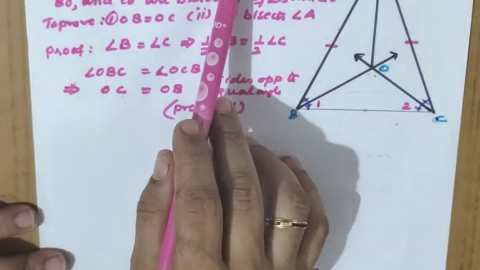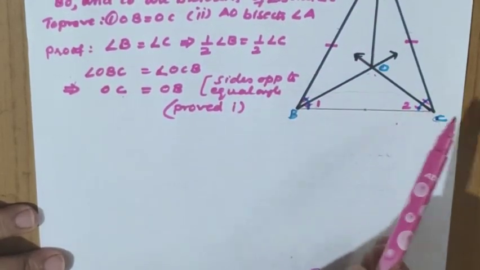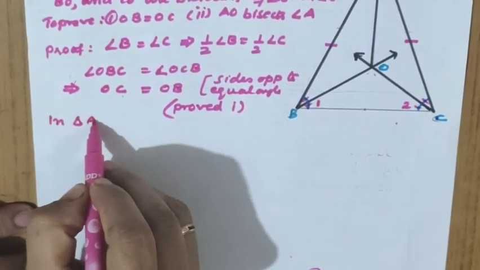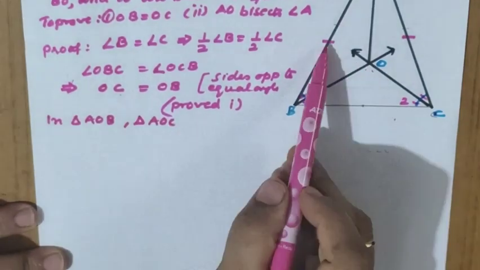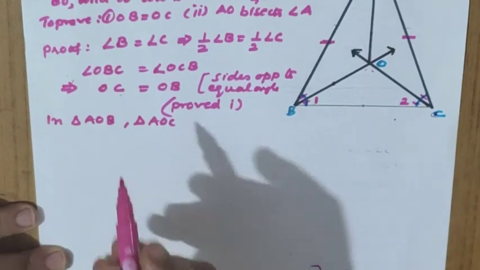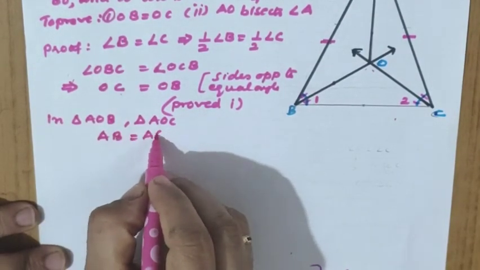Now for proving the second part, AO bisects angle A, we should consider AOB as the first triangle, AOC as the second triangle. So I'll write in triangle AOB and triangle AOC. See the first side. Now this proved in 1 and AO is the common. So AB equal to AC given.